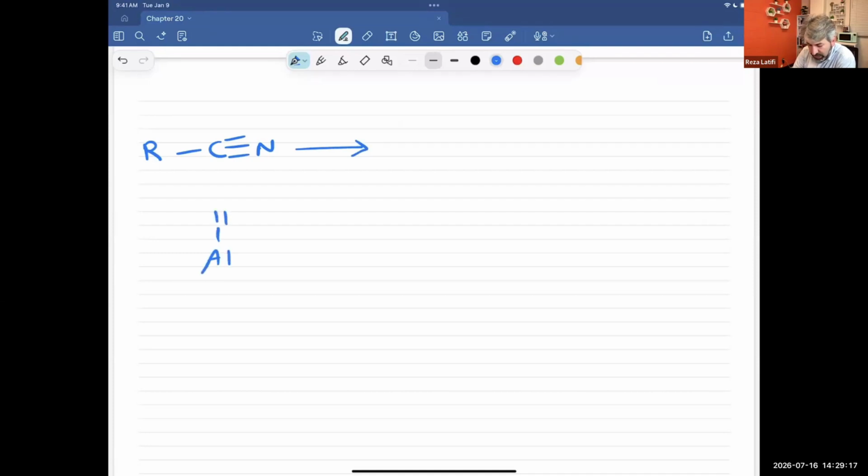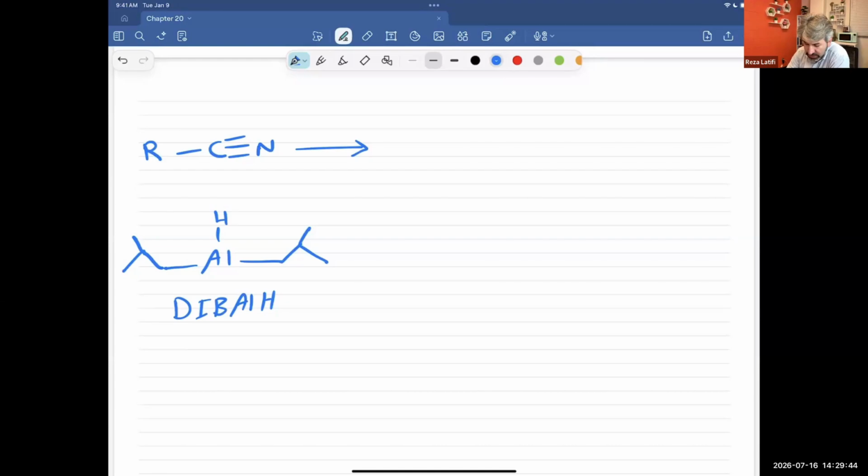Aluminum has only 1 hydrogen. Call it di-isobutyl aluminum hydride, or just A.